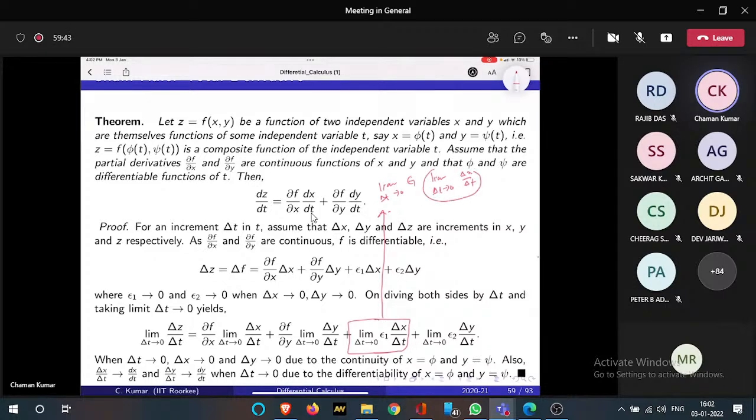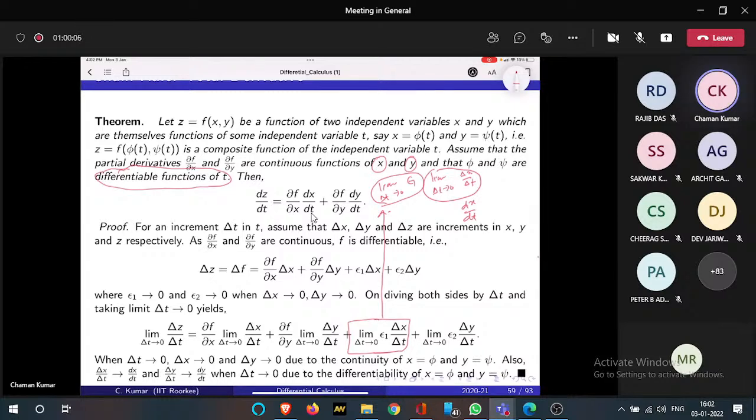This term is dx by dt, which is a finite number because x is a differentiable function. We have already said in the assumption that x and y are differentiable functions of t.